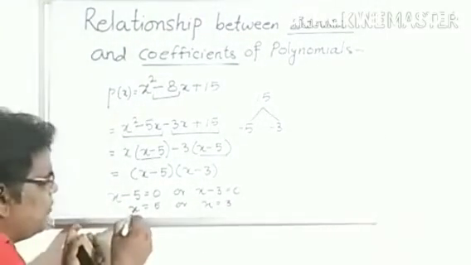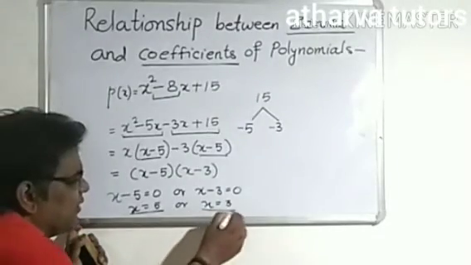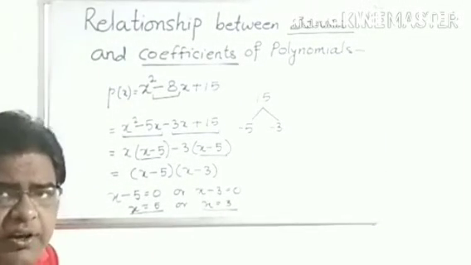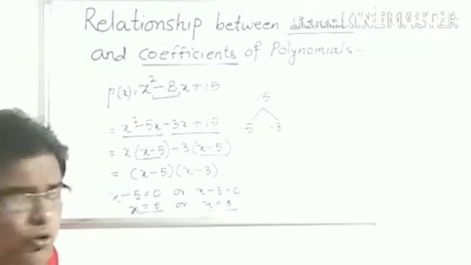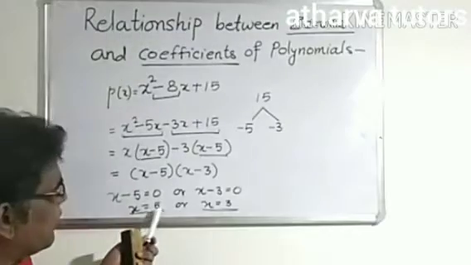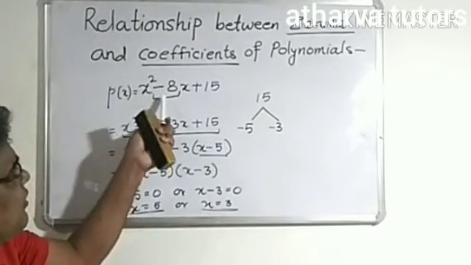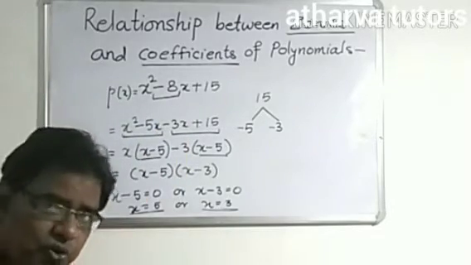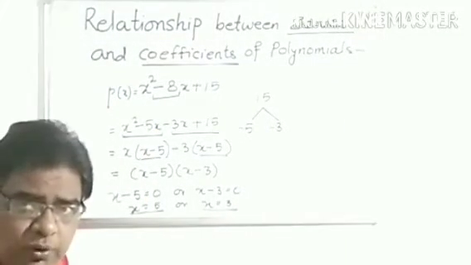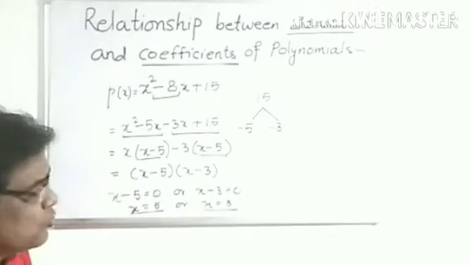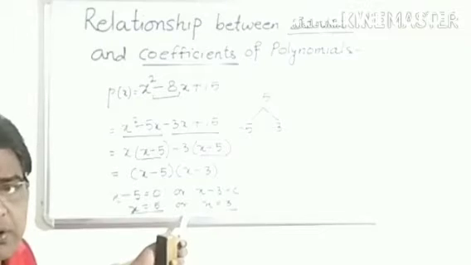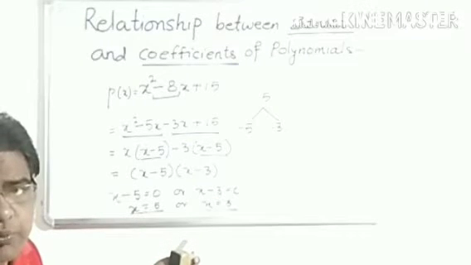So this 5 and this 3 are the zeros of the given quadratic polynomial. It means when you substitute 5 or 3 in this, the value of the polynomial will be 0. So these two are the zeros of the polynomial.